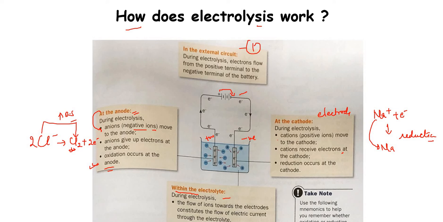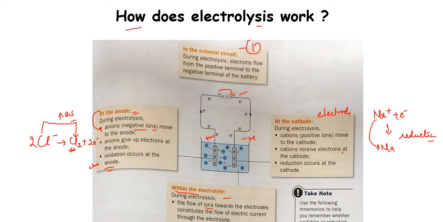So we have finished two circuits. Now the third is what is happening within the electrolyte. We discussed that the electrolyte releases ions. During electrolysis, the breakdown of this solution and the flow of ions towards the electrodes constitute the flow of electric current. Electric current is basically a continuation of the flow of ions and the flow of electrons.